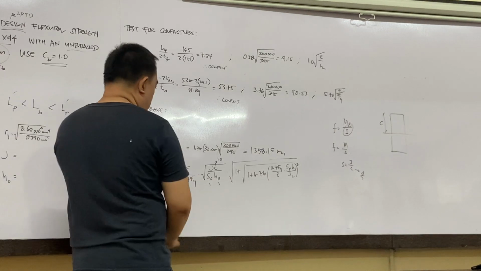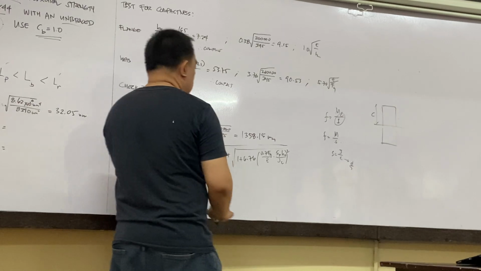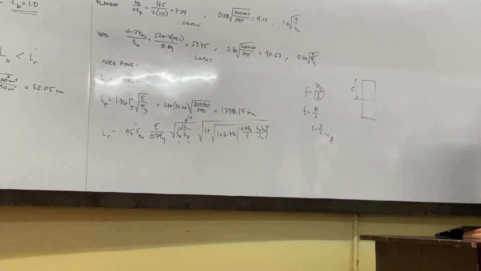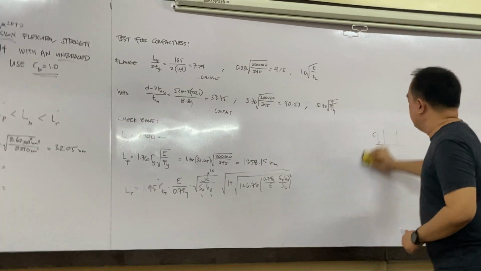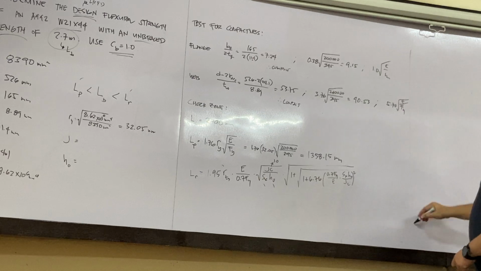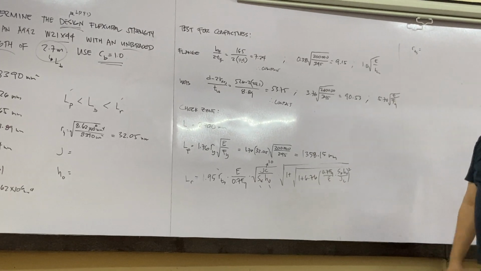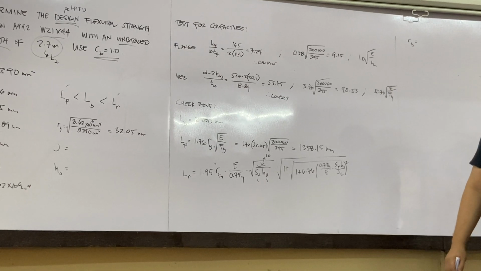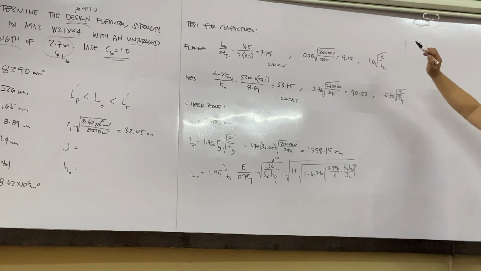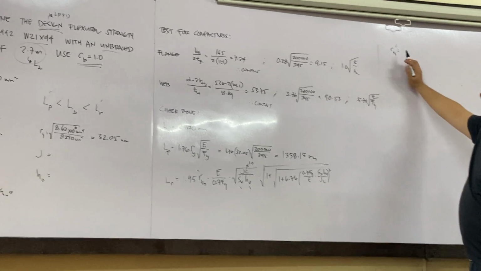What's RTS, by the way? The RTS is the square root of the square root of IY times CW over SX.